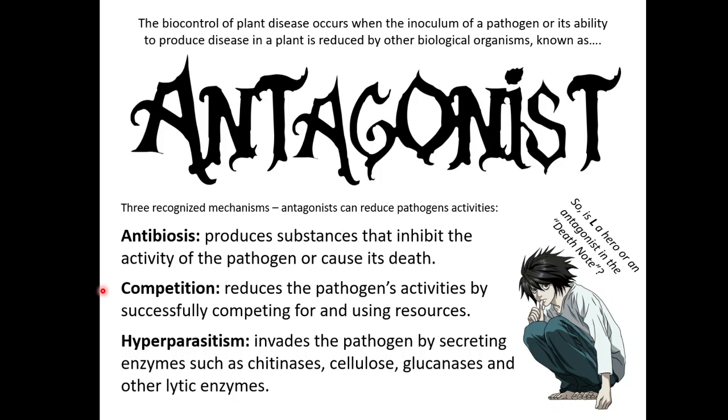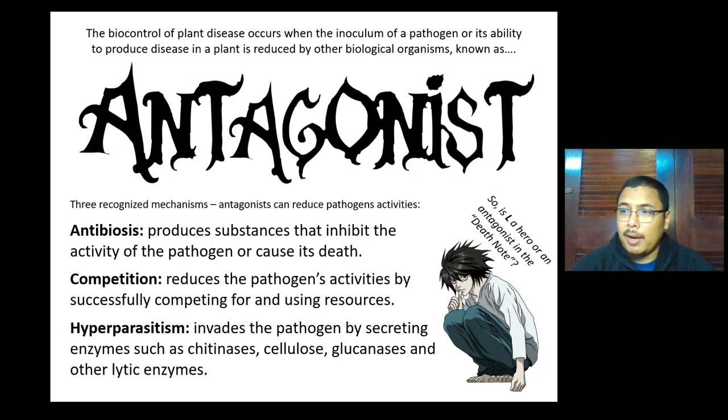This may include organic and inorganic nutrients, energy, growth factors, oxygen, and space. And then finally, hyperparasitism, where the antagonist invades the pathogen by secreting enzymes such as chitinase, cellulase, glucanase, and other lytic enzymes. So the antagonists directly infect or affect the pathogens.